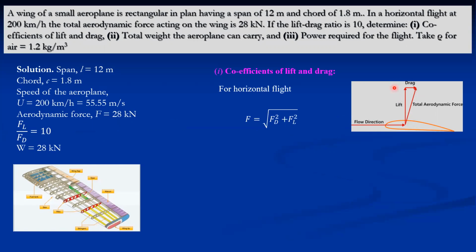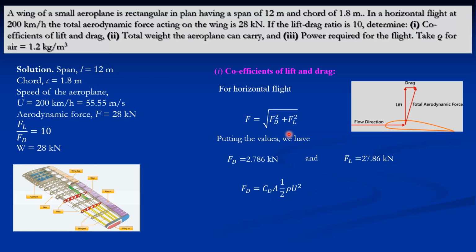That is the total aerodynamic force. Now this force is given, so we can write FL in terms of FD, and putting in all these values, the only unknown in this equation is FD, so we can calculate FD first. Based on the ratio, it is 10 times, that is 27.86 kilonewton, which is FL.